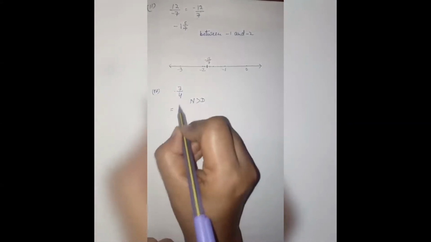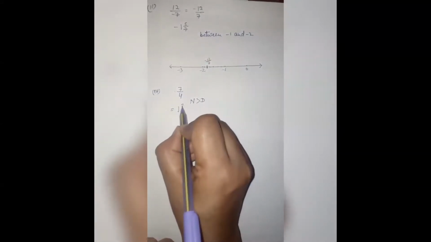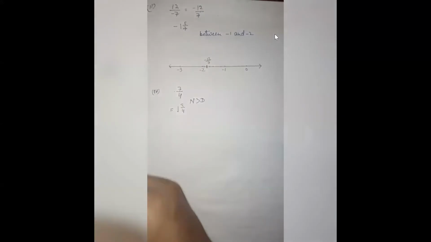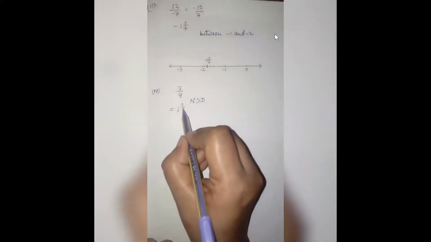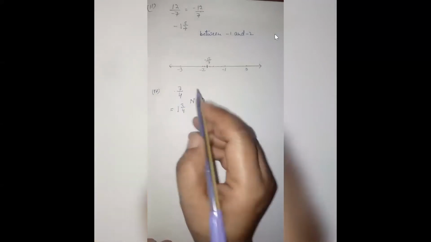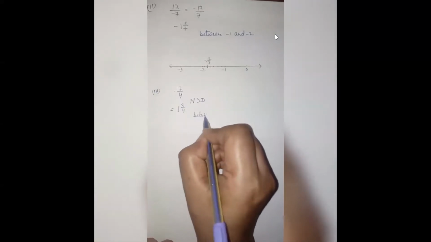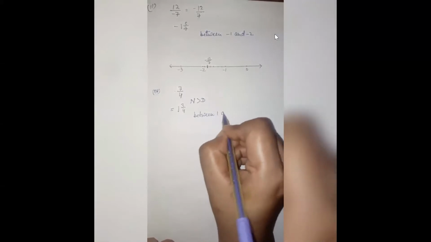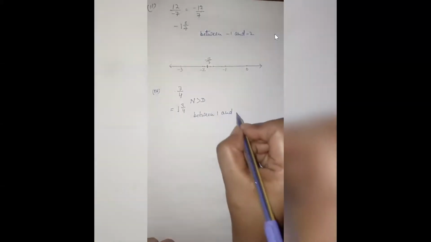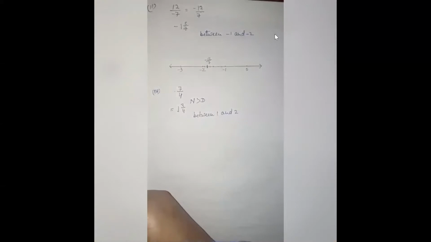That will be 4 ones are 4 and 3 remains, so this is 1 and 3 upon 4. So you will mark your rational number between 1 and the next number, 2. And then you will draw the number line first.